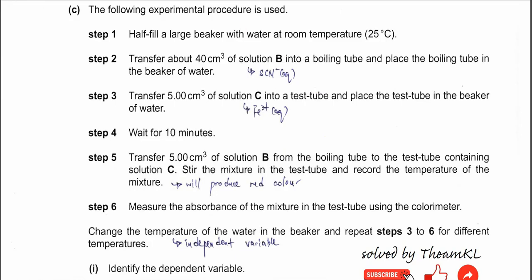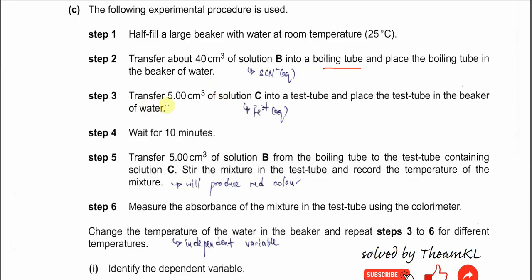Okay, part C. The following experiment procedure is used. Step 1. Half fill a large beaker with water at room temperature. Transfer 40 cm³ of solution B into a boiling tube. Place the boiling tube in the beaker of water.